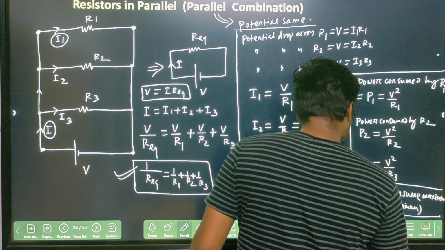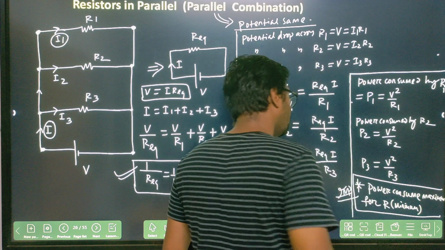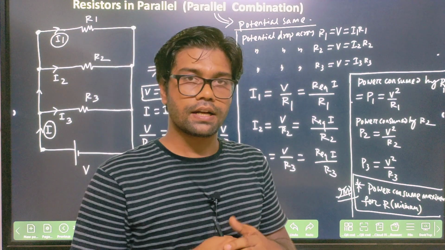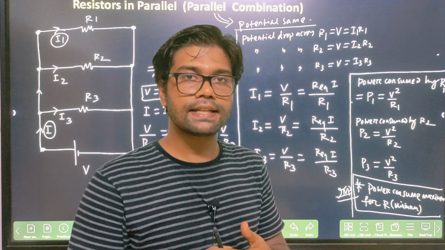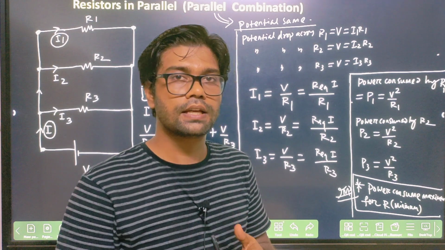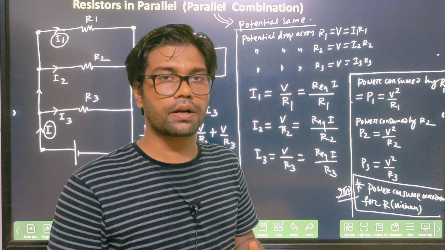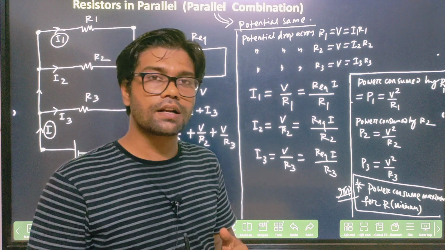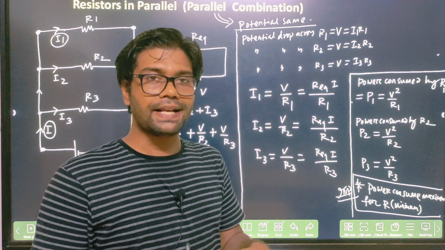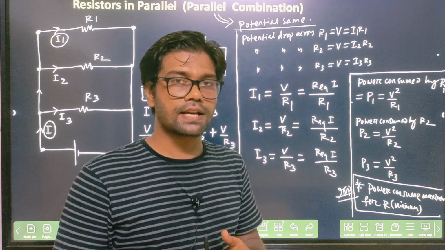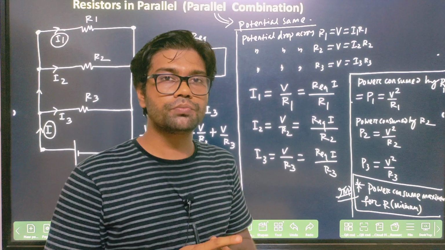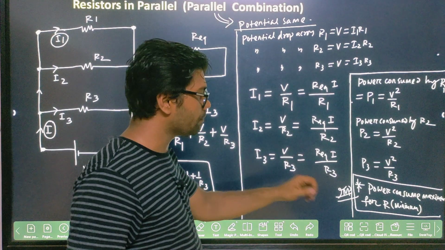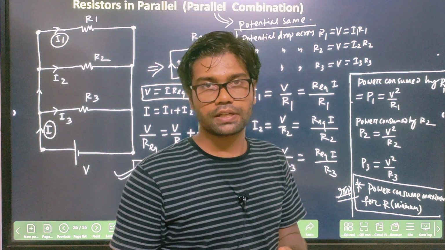This is a very important thing you have to remember. For a parallel combination, the resistor which has the smallest resistance will consume more power. For the series case, the resistor which has the largest value of resistance will consume maximum power. Clear? If you remember this, you can easily do some questions.